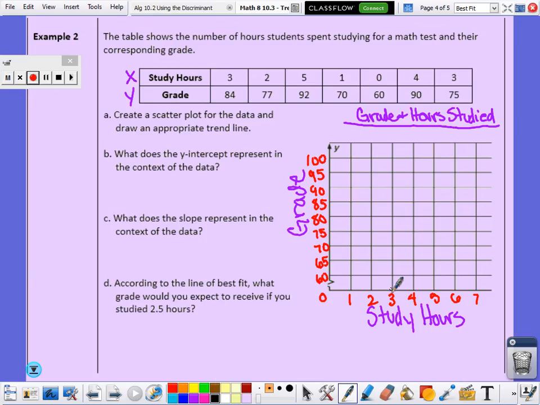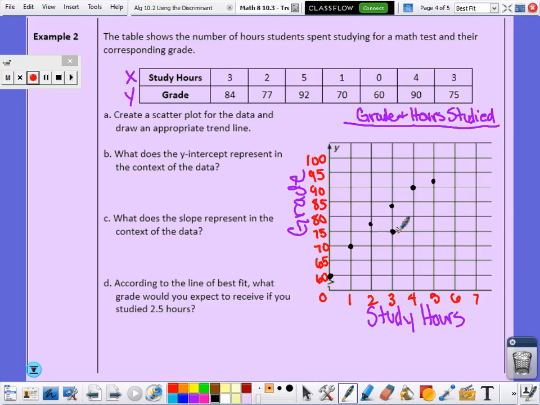3 hours, 84. You should be doing this on your own. All right, there's my scatter plot.